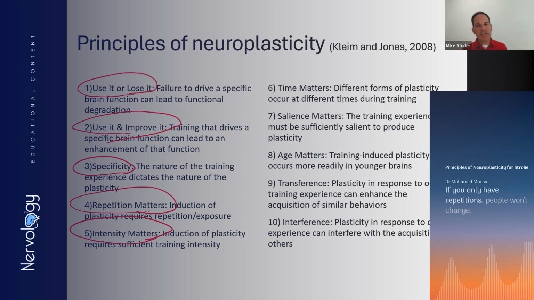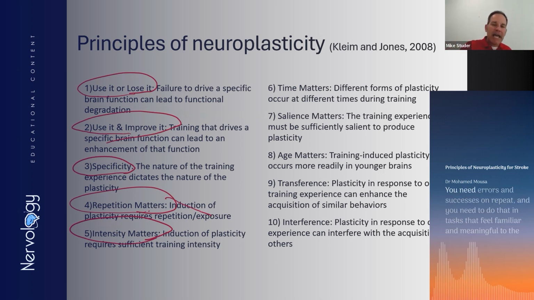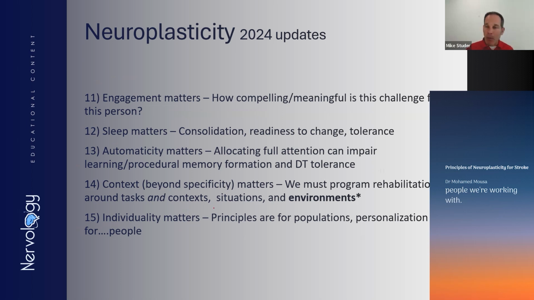If you only have repetitions, people won't change. And if you only have intensity, but you only give them 1 or 2 repetitions, people can't change. You need errors and successes on repeat. And you need to do that in tasks that feel familiar and meaningful to the people we're working with.